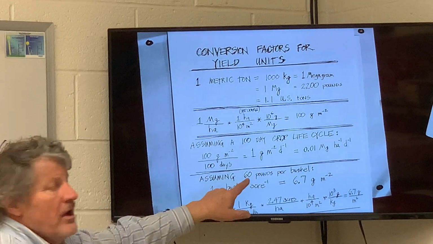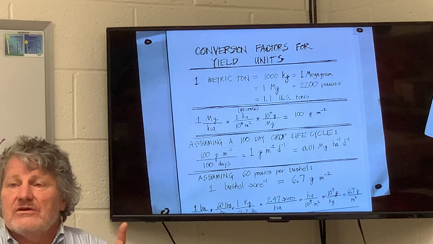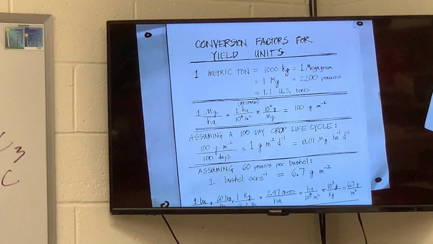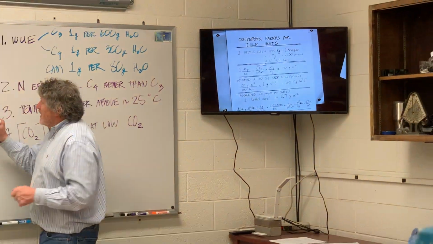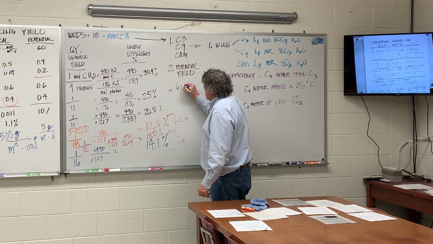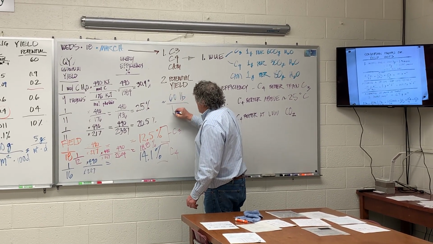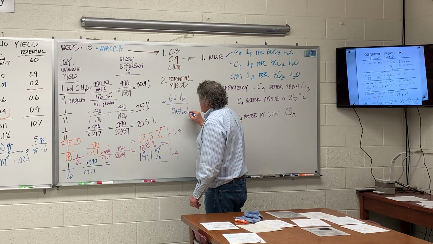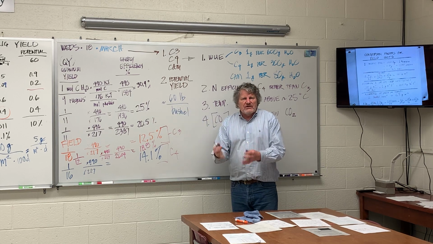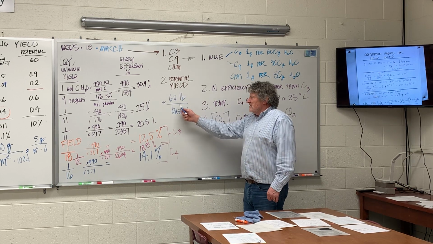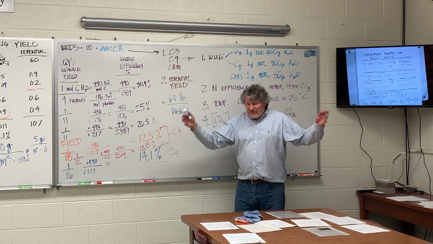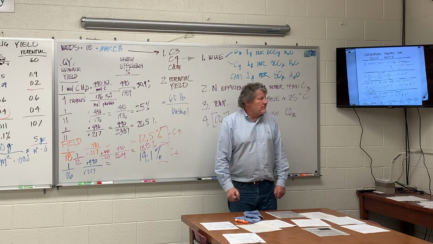If it's 60 pounds per bushel, most crops are about 60 pounds per bushel. They really range from 55 to 65, depending on the density of the grains, but 60 is a good average. You can look up this number on the internet for every single crop, and they're in this ballpark.